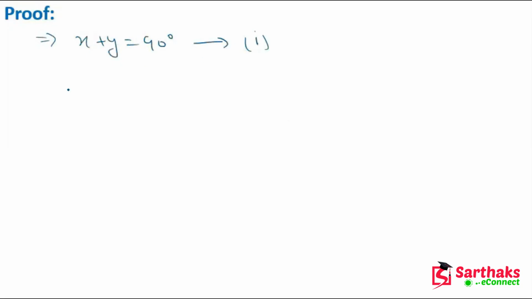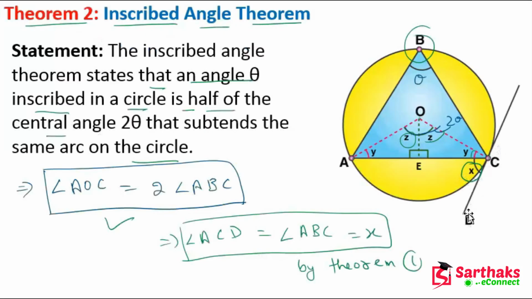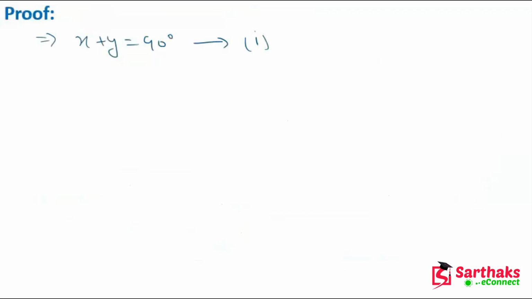This is our first equation, because CD is a tangent and OC is a radius which is perpendicular to this tangent. And y plus x is angle OCD, which is equal to 90 degrees.